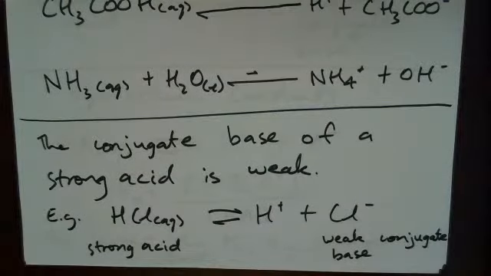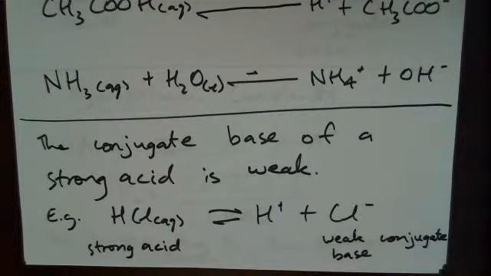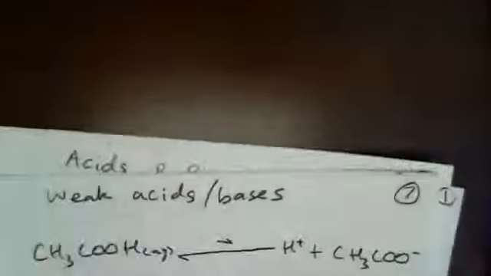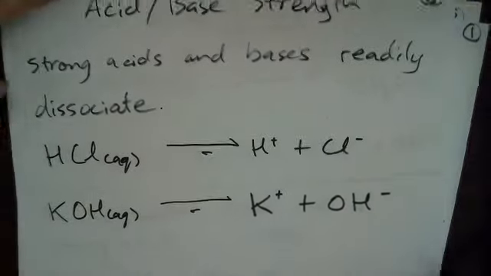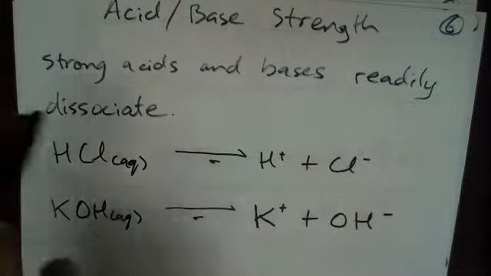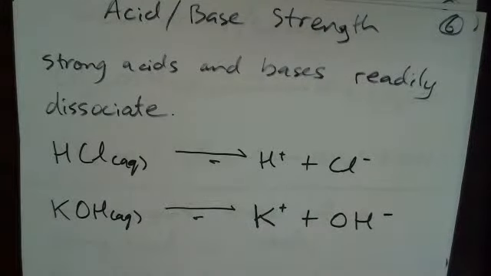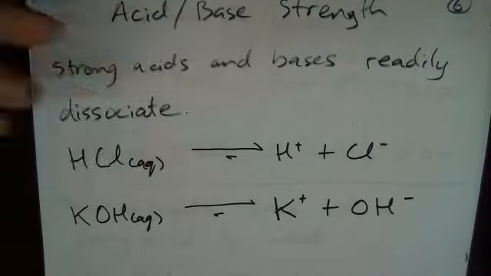And so one thing that should be apparent, if you think about it, is that the conjugate base of a strong acid is weak. So if you have a strong acid like HCl, so I'll go back to that page. If it dissociates so much, it means that, and again, just make sure we're on the right path here, which is going to be the acid, which is going to be the conjugate base.